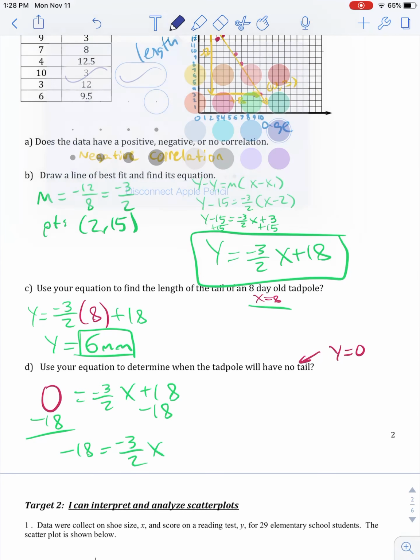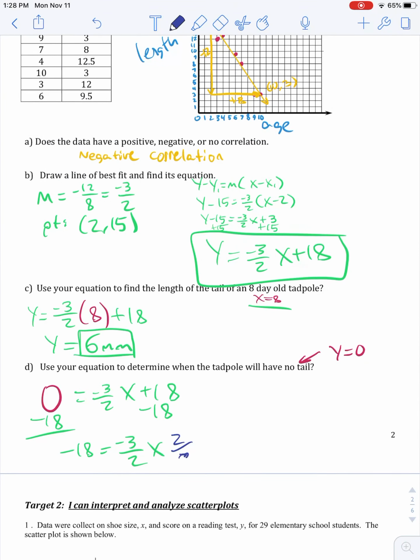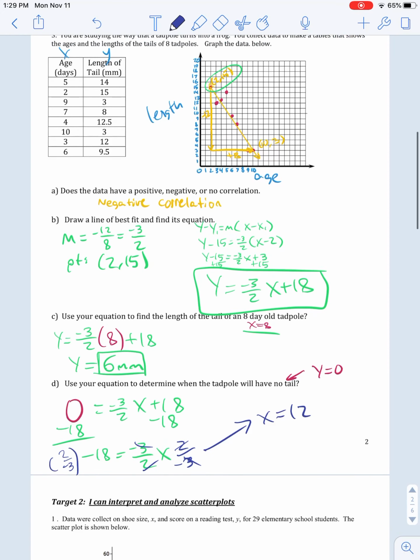I'm going to multiply both sides by the reciprocal, so 2 over negative 3, to get rid of the negative 3 halves. I'll multiply this side by the same thing, 2 over negative 3. And that ends up being positive 12. So x equals 12, and x is age, so 12 days. So we utilized the equation to be able to do this.